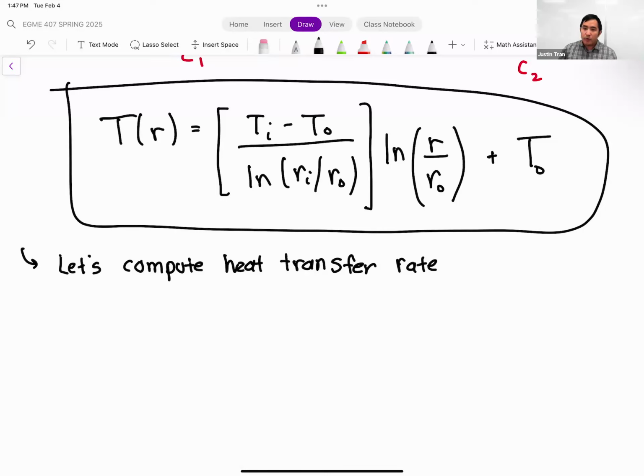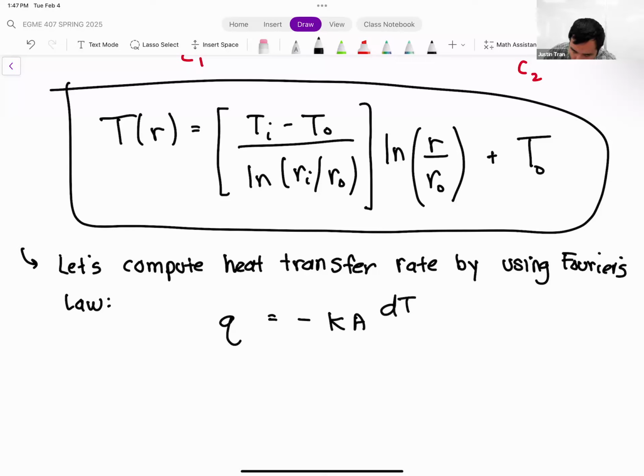Remember, we always plug this into Fourier's law. When we were talking about Cartesian systems, the heat transfer rate is equal to minus k times A dT/dx, right? That's how it is in Cartesian coordinates.